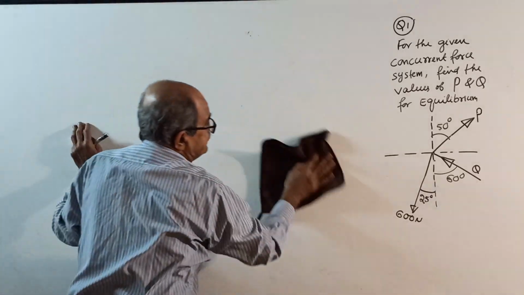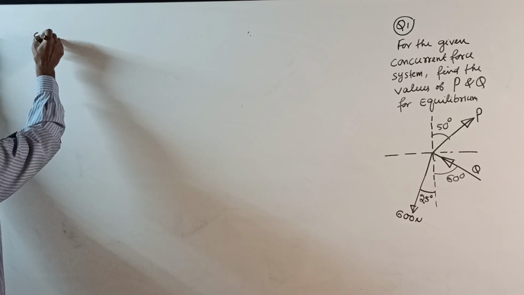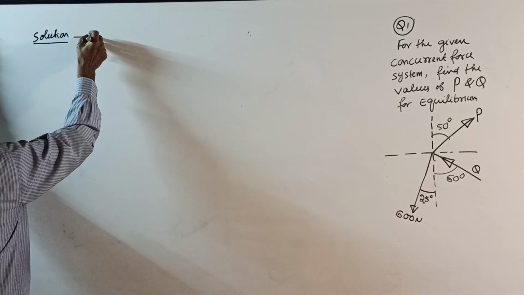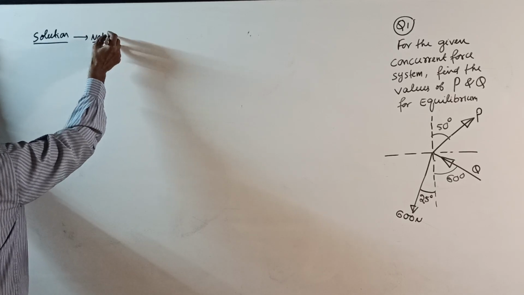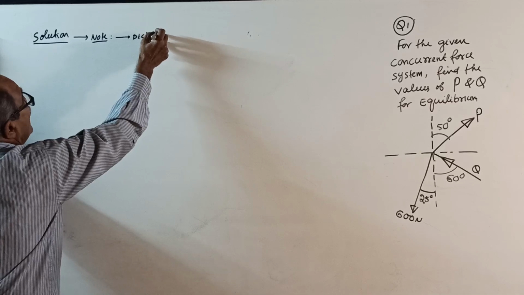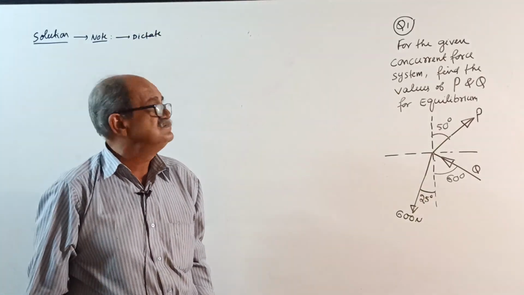See correctly, systematically, the solution for this question. First, make a note. You should write. I will dictate; I told you in the class I will dictate at maximum, whereas notes I can't dictate, I will write.